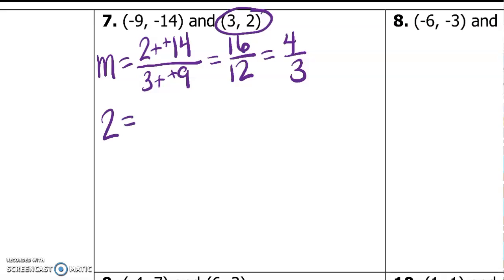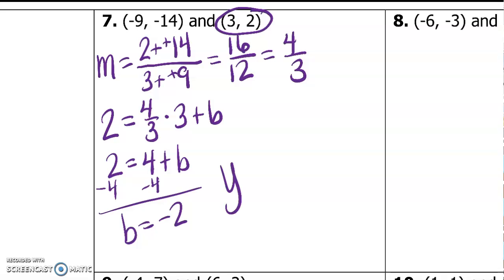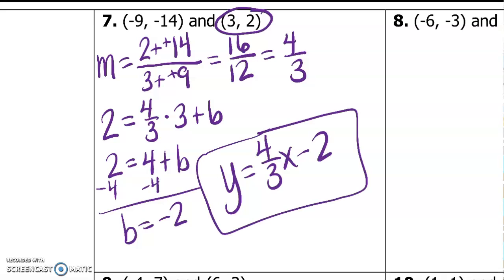So 2 equals 4/3 times 3 plus b. Multiply, 2 equals 4 plus b. Subtract 4, b equals -2. So y equals 4/3 x minus 2 is your final answer.